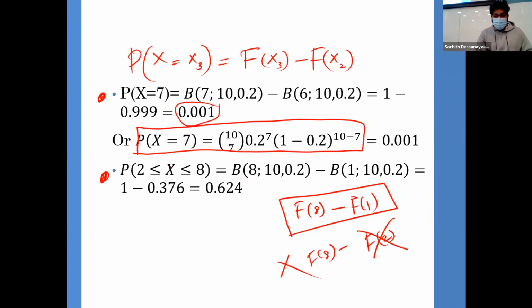Now if you need to find the probability of x1 less than or equal to capital X less than or equal to x3, what do you have to do? Capital F x3 minus capital F, not x1 itself, but the one just before that.